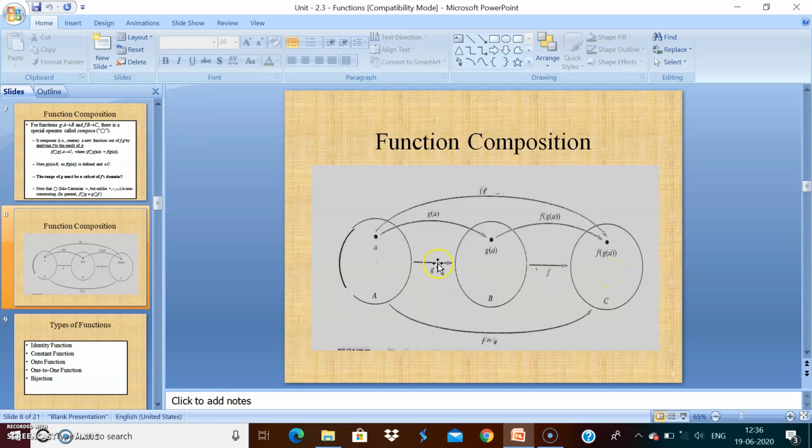A to B is g and B to C is f. Finally f circle g goes from A to B, B to C.